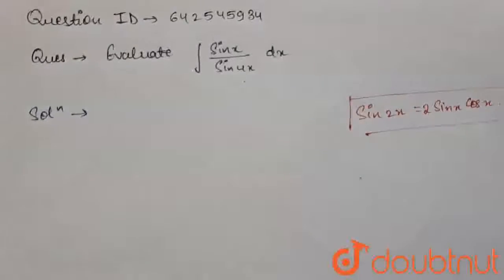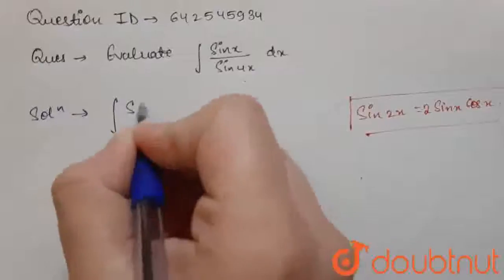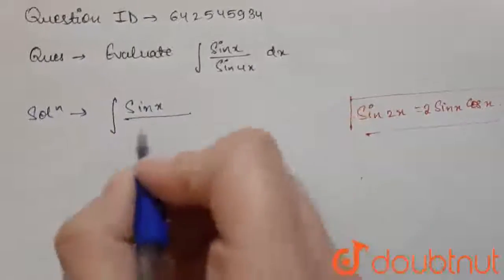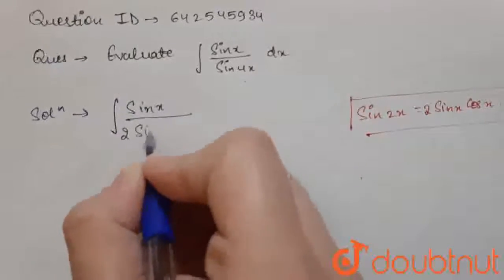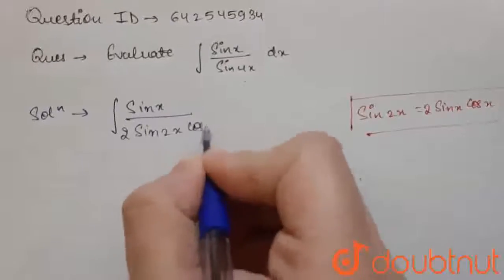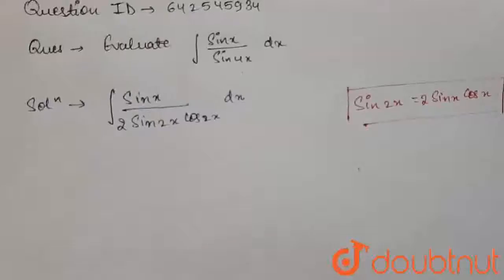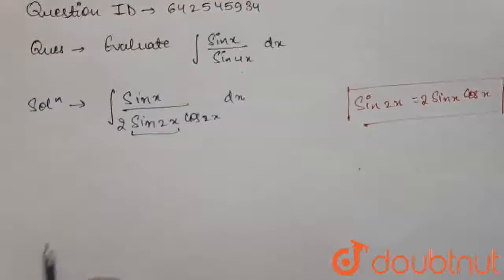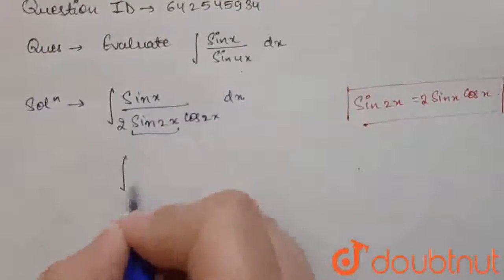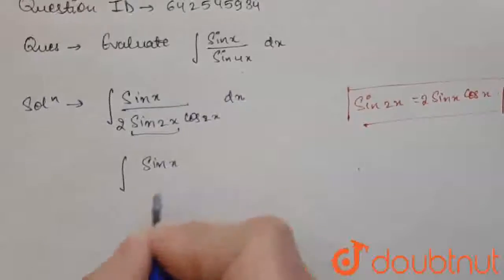So this will become integration of sin x upon 2 times of sin 2x cos 2x dx. Again we are going to use the same identity for this. So this will become integration of sin x.